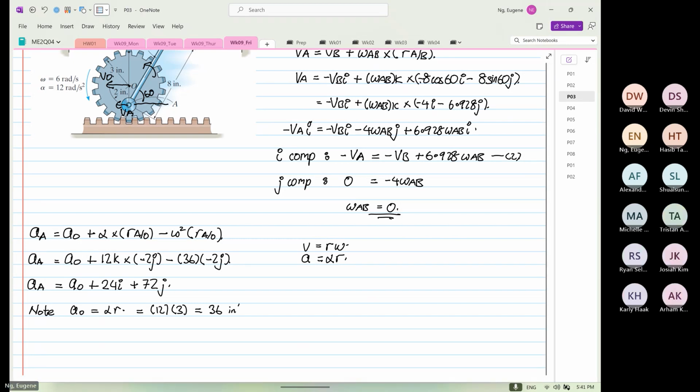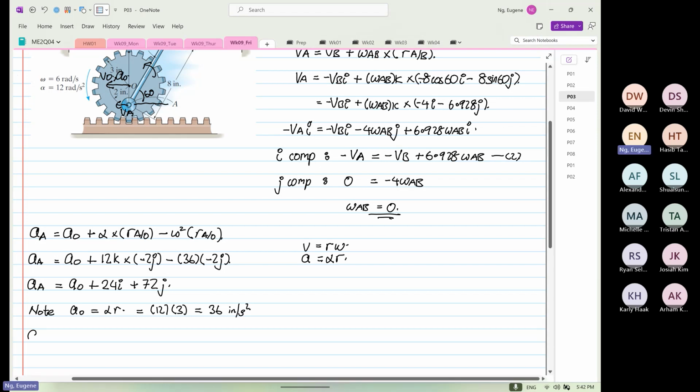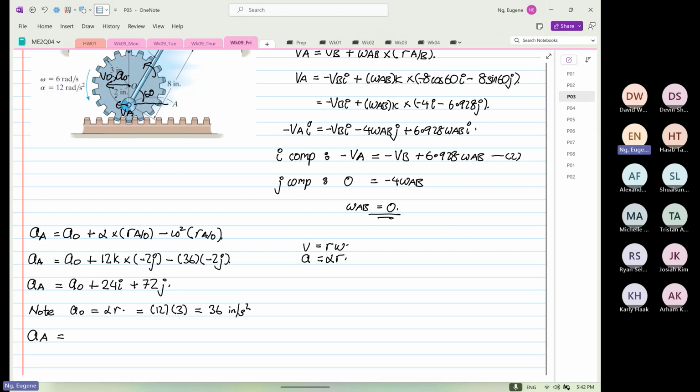inches per second squared. And I'm going to make the assumption that it's going to follow our velocity. Okay. So therefore, acceleration at point A is equal to minus 36I, K cross J plus R A from naught, yes.